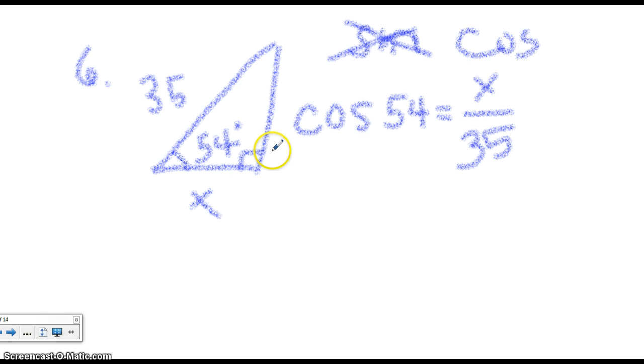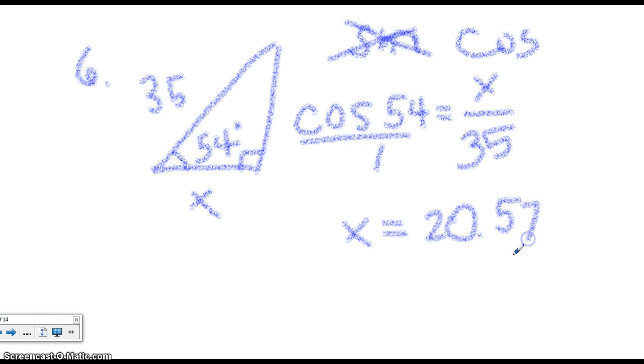Now I know that I am going to have to, you could set it up as a proportion like this, multiply that by 35 to get x by itself. And when I multiply that together, I get x equals 20.57. And we'll put our label on there as meters.